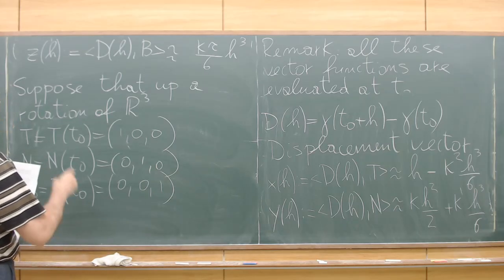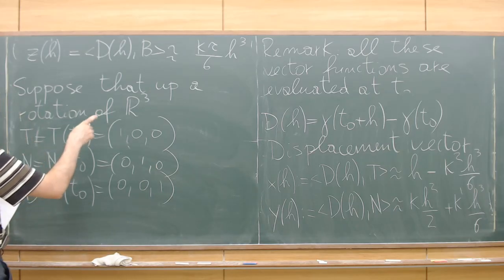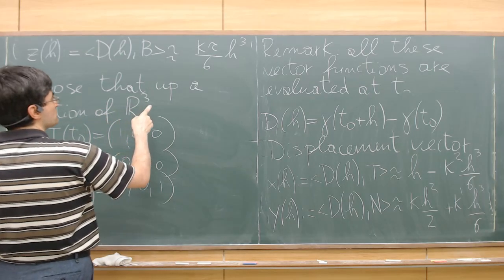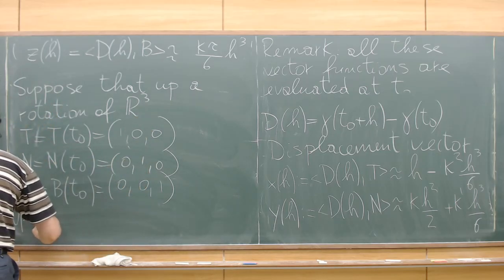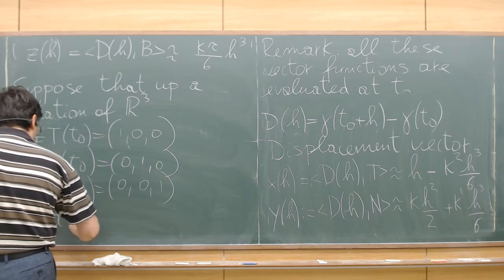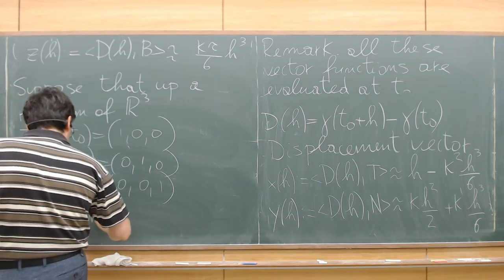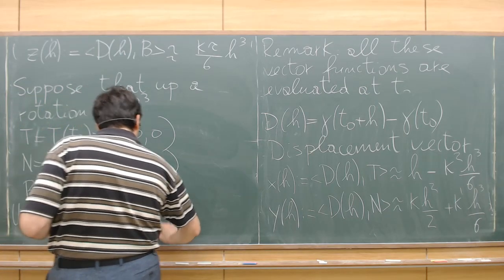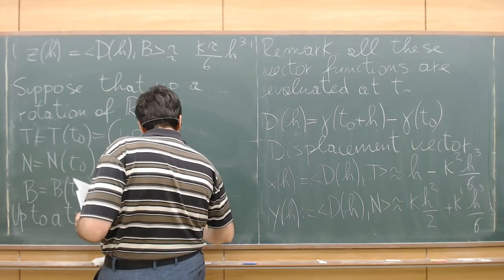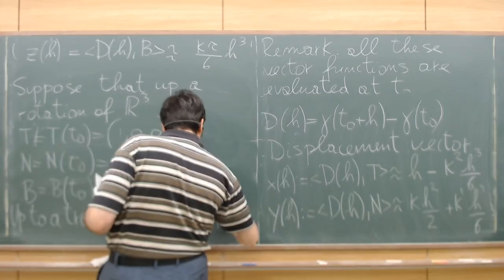And suppose also that, up to a translation, gamma of t0 is equal to 0 0 0.